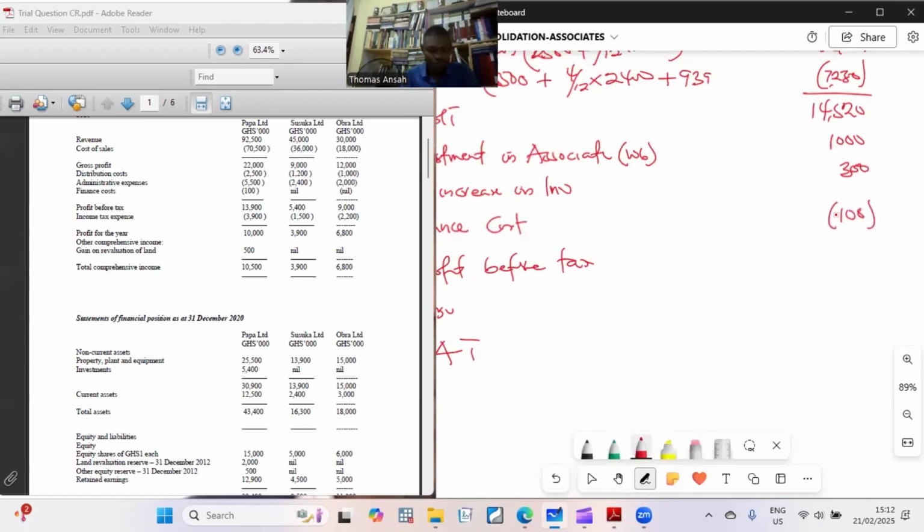So let's go. 14,520 plus 1,000 plus 300 minus 100, 15,720. Then tax. Tax is 3,900 plus 4/12 of 1,005.